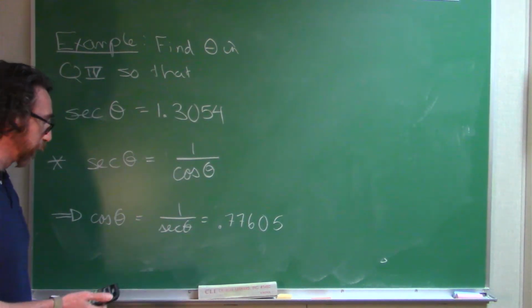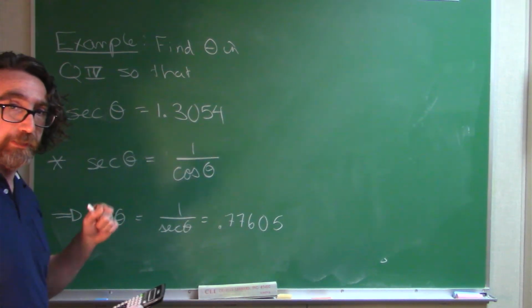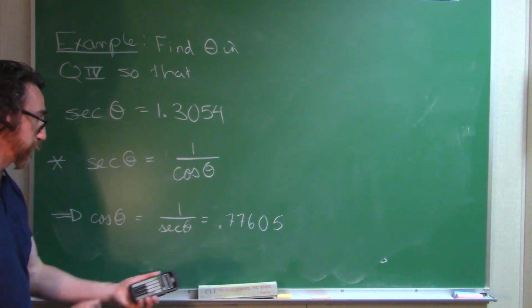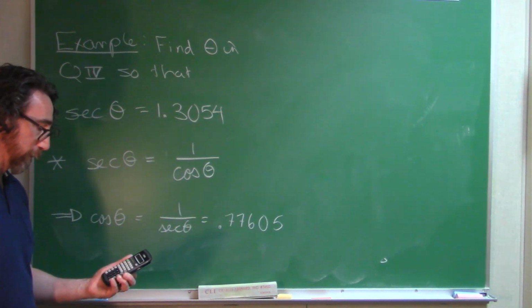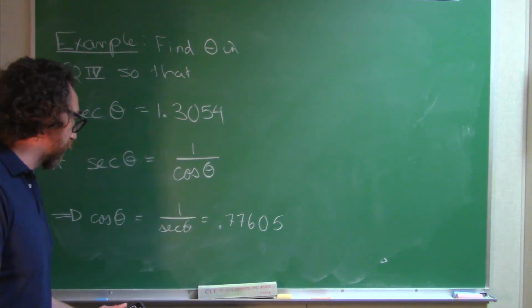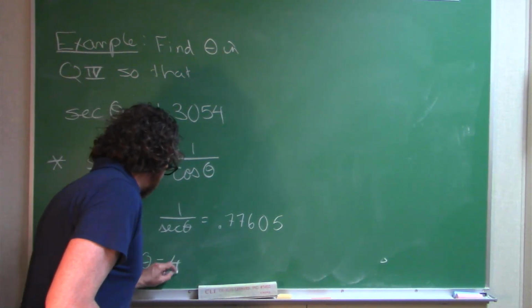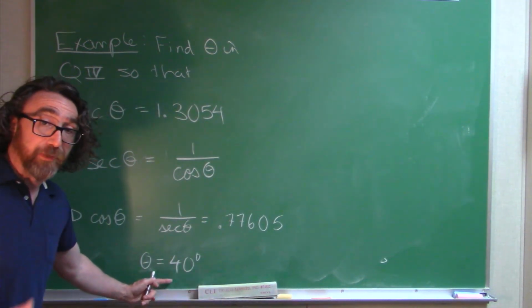Okay. So, now if I use my calculator at this point, if I take cosine inverse of the number that I just computed, this thing right here, I'm getting 40 degrees. Okay, now, the question is, have I answered the problem?